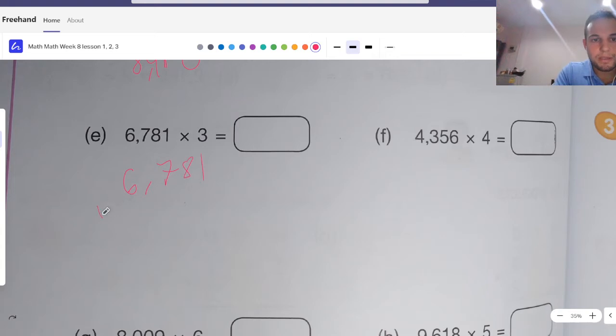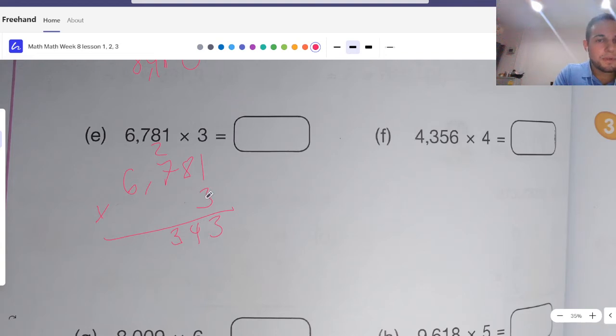6,781 times 3. Ooh, it's getting a little harder. 3 times 1 is 3. 3 times 8 is 24. Carry the 2. 3 times 7 is 21 plus 2 is 23.